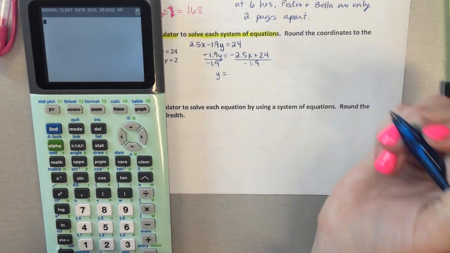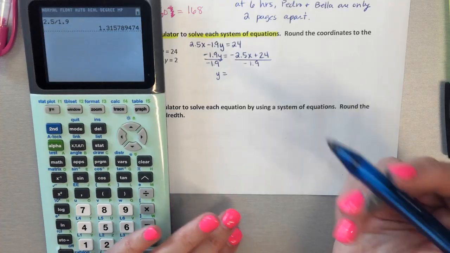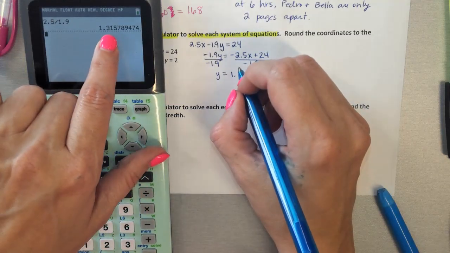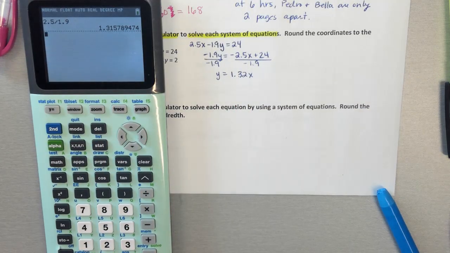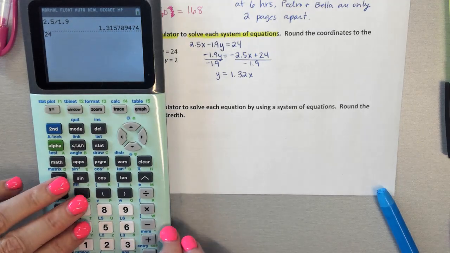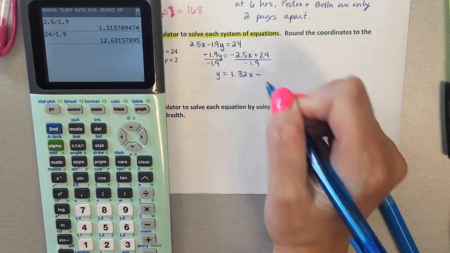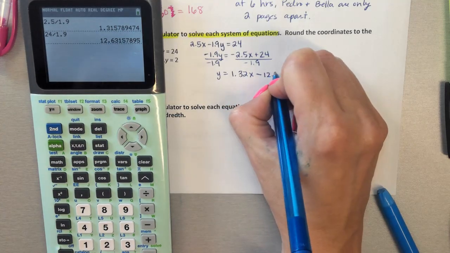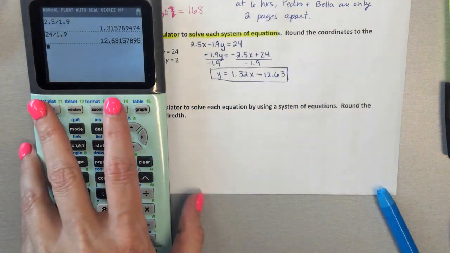So I have y equals, and if I see they're both negatives, when I'm typing this in my calculator, I don't even worry about that. I know it's going to be a positive. So it's 1 point, and then the 3, 1, but you have a 5, so that pushes it up to a 2. If it's 4 or below, it would stay. And same thing, I don't worry about the signs when I plug it in. I just do the sign myself. I know a positive divided by a negative is a negative. So this is going to be 12.63. Okay, so that's one of my equations.